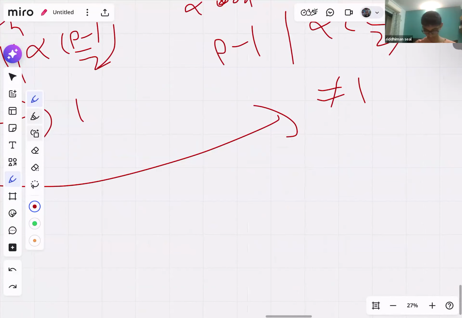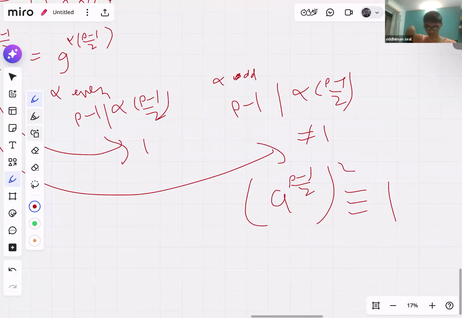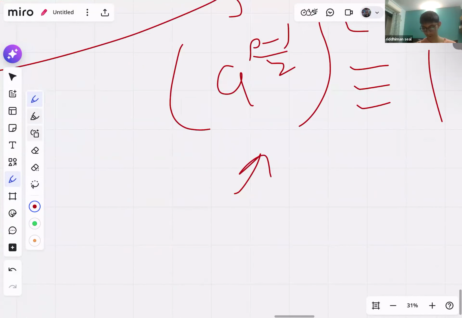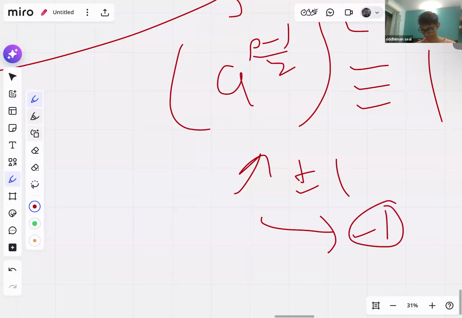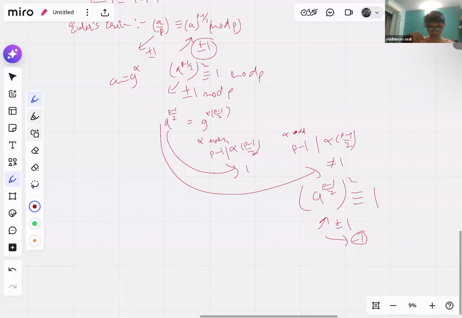Because it's something which you square, you get 1, because A to the P minus 1 is 1. So if it is not 1, it has to be minus 1. So if alpha is even, A is a QR, then it's 1, and if A is not a QR, then alpha is odd, so it's minus 1. So yeah, that's essentially it.